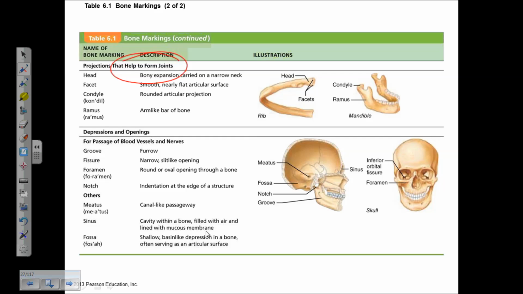Foramen is a round opening, and I can give you one foramen right now. That's the foramen magnum. The vertebral column goes inside of the cranium. Notch is an indentation. So here's the notch. Actually, it's right here. A notch is an indentation on the surface of the structure.